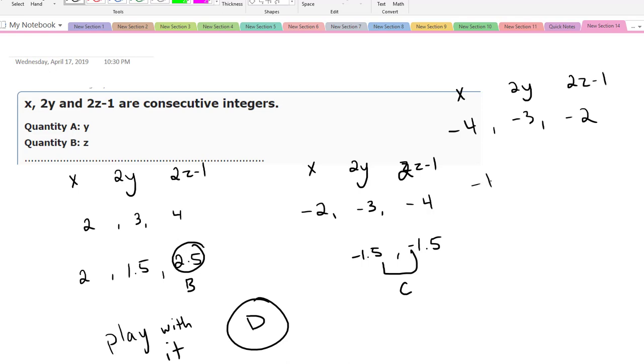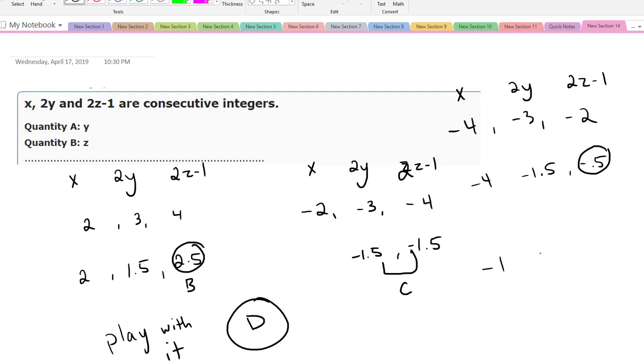So x is -4, y is going to be -1.5, and then here I need 2z to equal -1, which means z is going to equal -0.5. So in this case, that is bigger. So I think the answer is D, because they don't say that it has to be in this order.